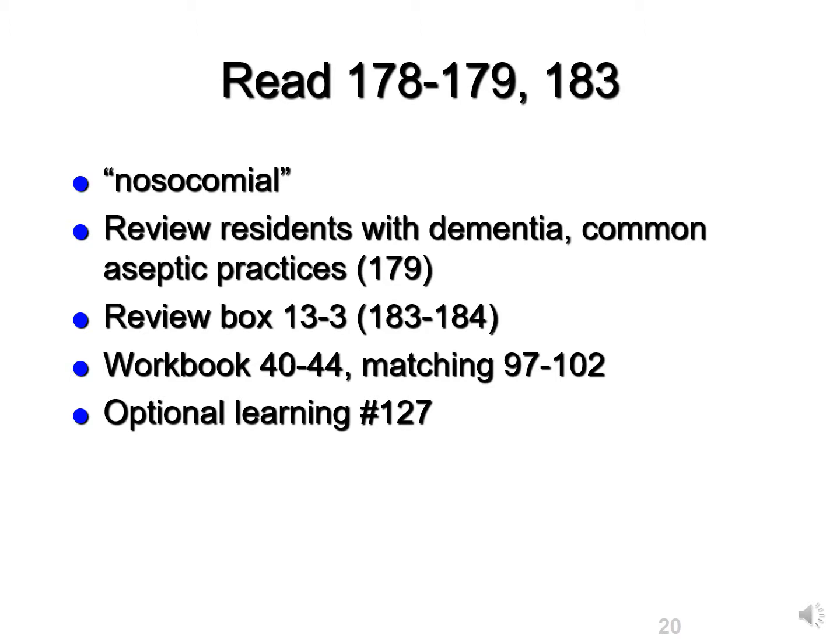You also need to review box 13-3 on page 183 and 184. Your assignment is workbook numbers 40 through 44, and that's multiple choice, and then you have matching 97 through 102. Optional learning number 127 is also available for you.